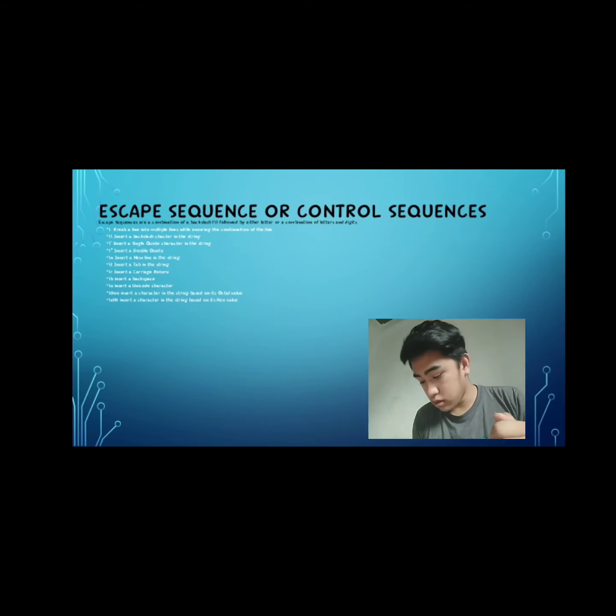Backslash, I don't know what to pronounce pero parang isang malaking zero then dalawang maliit is to insert a character in the string based on its octal value. Backslash xhh is equal to insert a character into the string based on hex value. So yun po yung mga identification po ng mga backslash sa escape sequence.